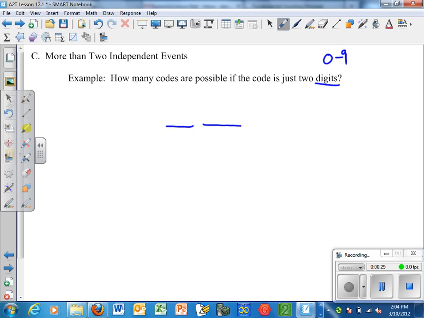That would make it dependent, and we'll get to that later. But there would be 10 digits in the first spot. I could put any of the numbers 0 through 9 there, and then, if we're allowing repeats, I could put any of the digits again, 0 through 9 there, and we would just multiply them. The fundamental counting principle says multiply the number of choices of each, so there would be 100.